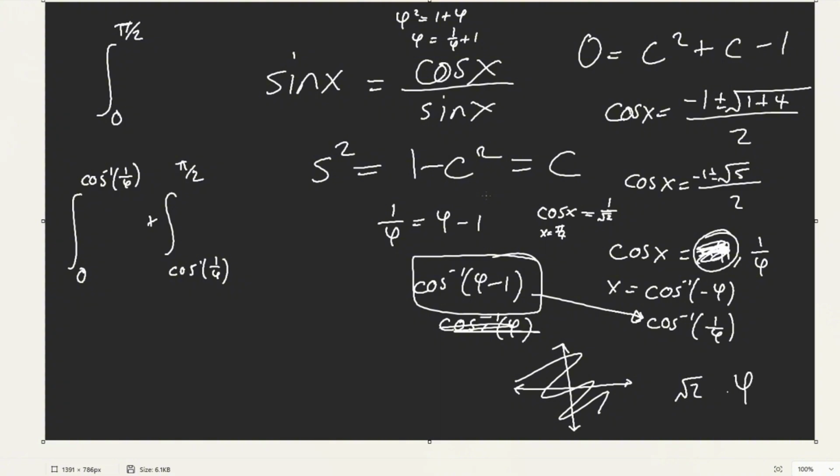This is 1.4, 1. Okay, so they are greater. So this is greater than 1 over phi. So it seems that pi over 4 would be bigger than inverse cosine of 1 over phi. So I think that's where we're going.